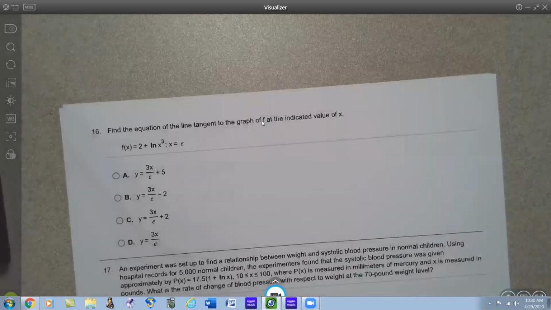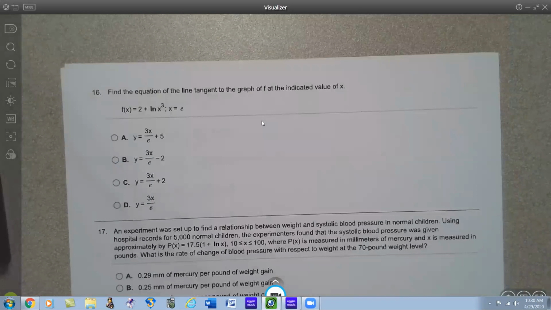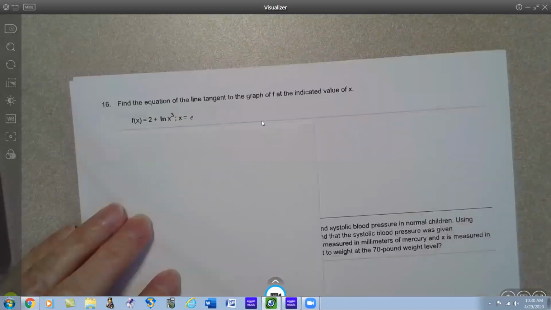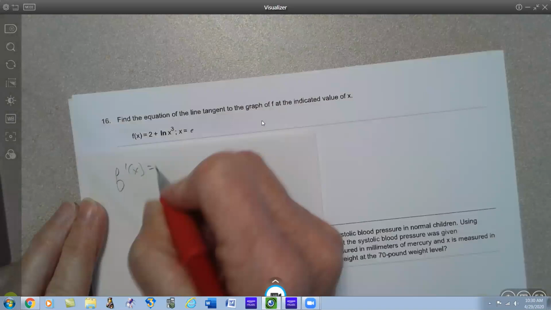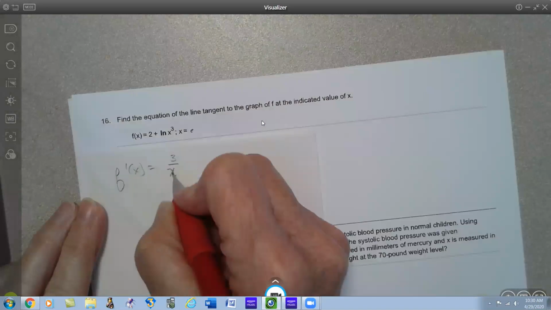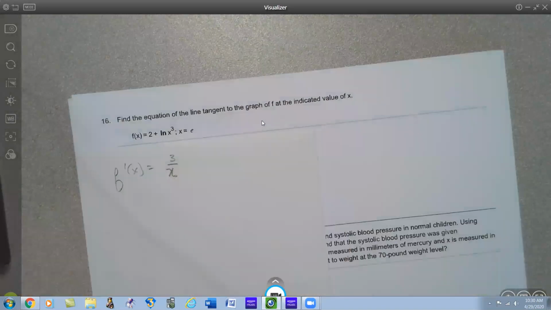So let's go get the derivative first. In my derivative, I just ended up with 3 over x. We all right, guys? Yep.